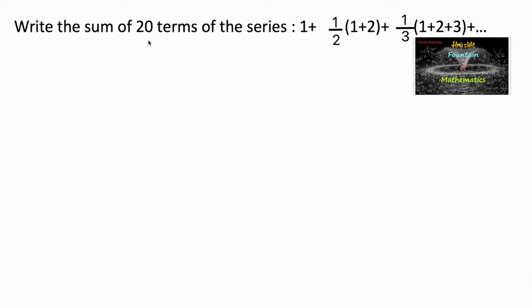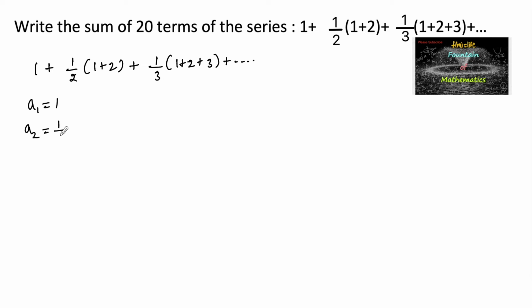Write the sum of 20 terms of the series 1 plus 1 by 2 of 1 plus 2 plus 1 by 3 of 1 plus 2 plus 3 and so on. Here the first term is 1, the second term is 1 by 2 of 1 plus 2 and the third term is 1 by 3 of 1 plus 2 plus 3.